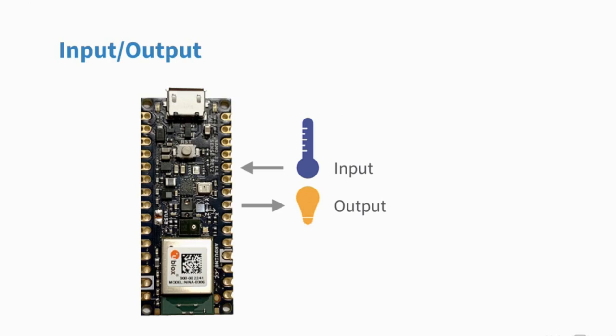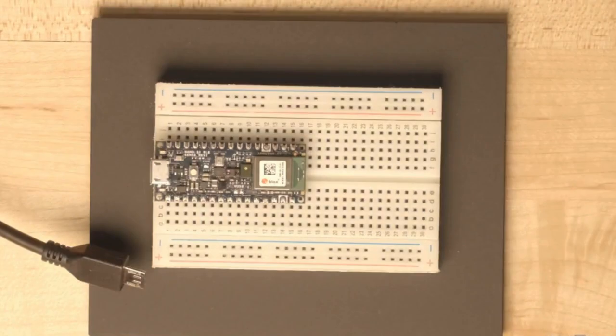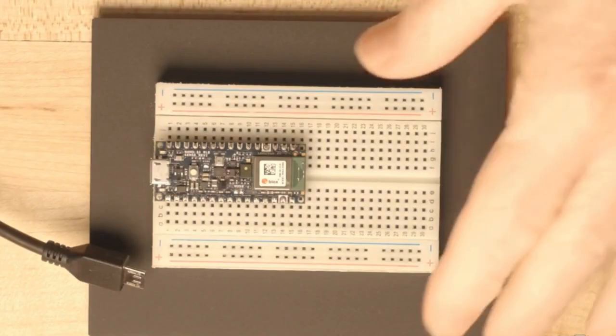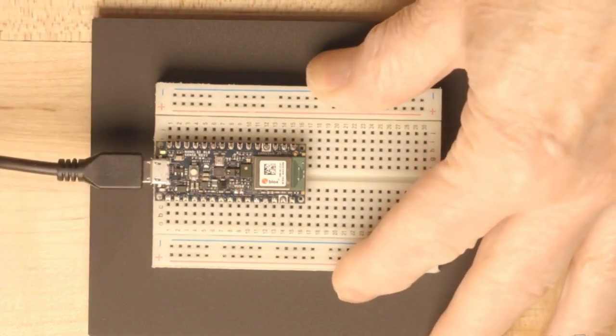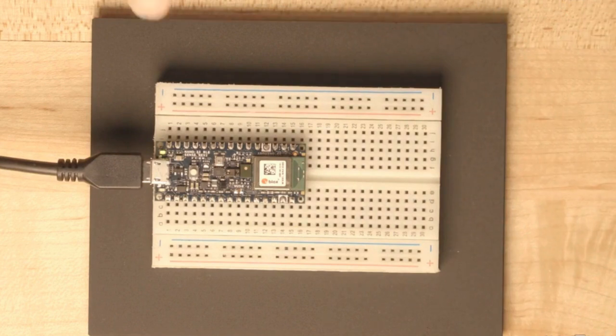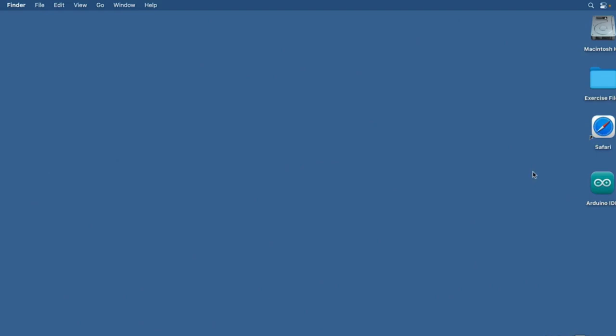Now let's go to the desktop to see if we can connect the Arduino and run a simple program. The first thing we need to do is connect our board to the computer. We do that with a micro USB cable. Notice, when the cable is connected, the power light comes on. Now let's go to the Arduino IDE to run a simple program, making sure everything is working properly.